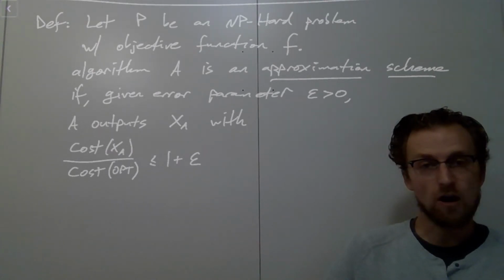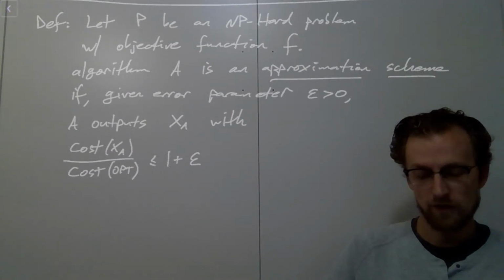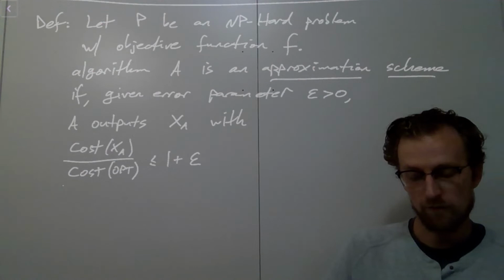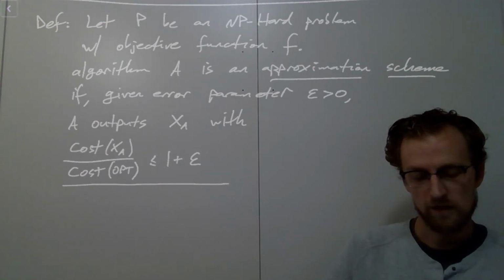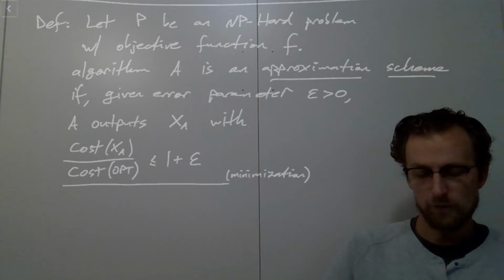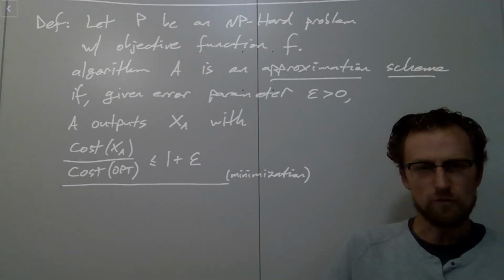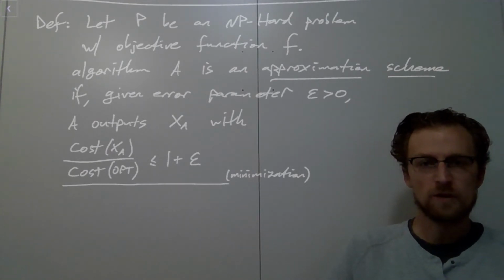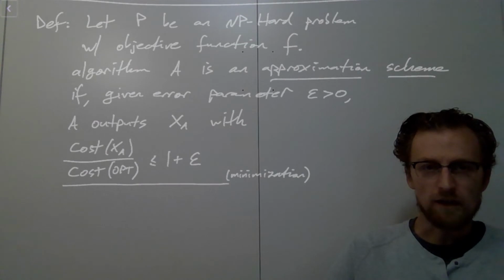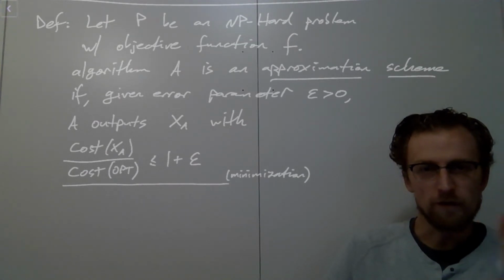We're taking the cost of the output divided by the cost of the optimal, and this is the form that we'll be thinking about for a minimization problem. So think this is how it would work for the TSP. If our algorithm outputs something whose cost divided by the cost of optimal is less than or equal to 1 plus epsilon, it means that we can choose our epsilon to make this approximation ratio very, very close to 1.